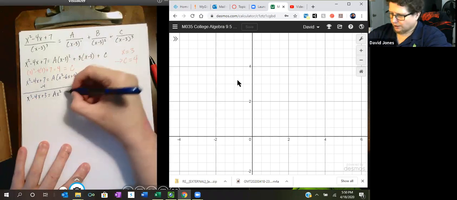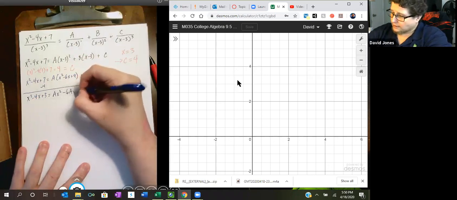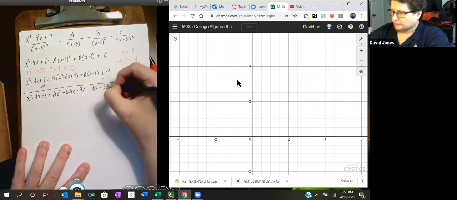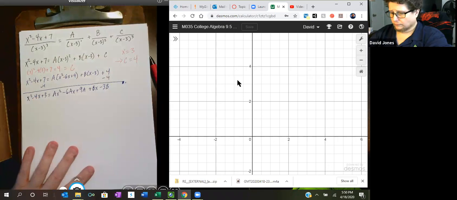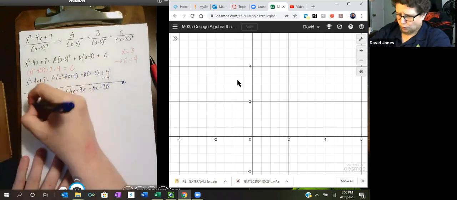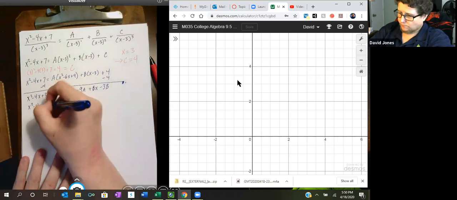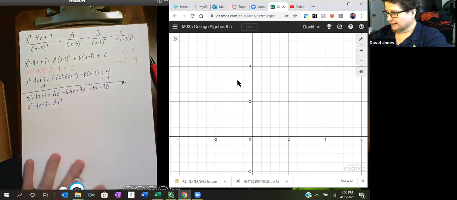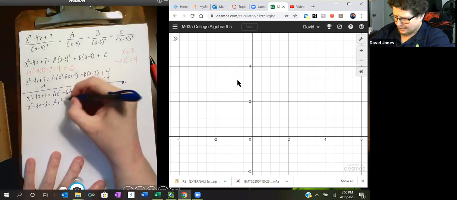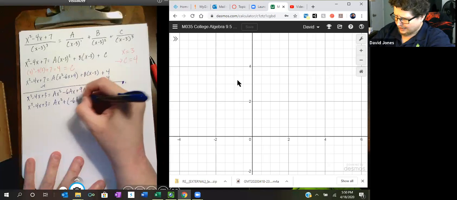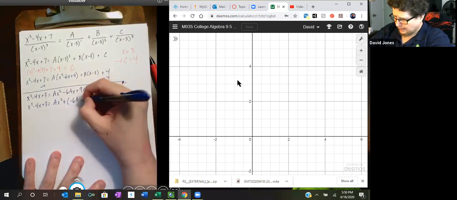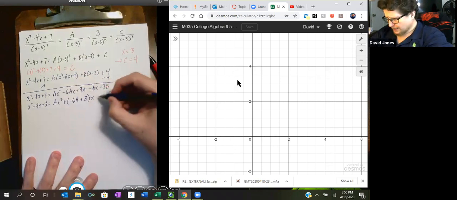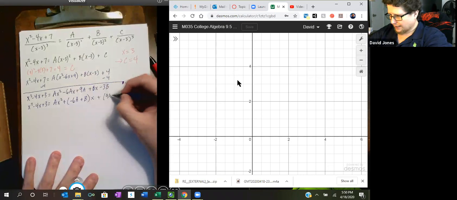And now we distribute our letters. And I will group like terms on the right. There's only one Ax squared, or 1x squared. For x, we have negative 6A plus B times x. And for the constant, we have 9A minus 3B.